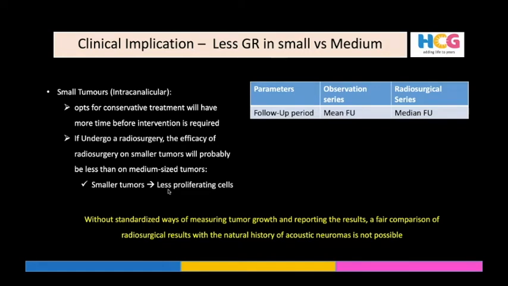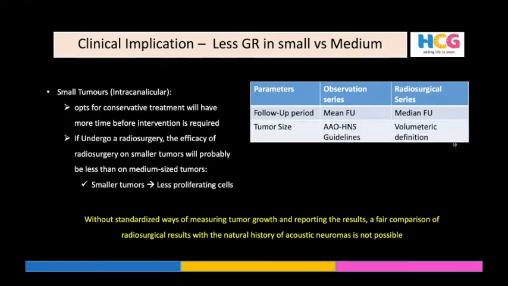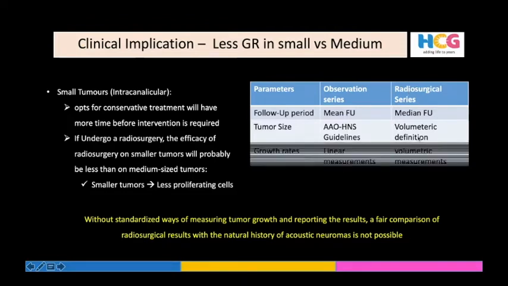If you look into the observation series and the radiosurgical series, the follow-up period used in the majority of the observation series is the mean follow-up, unlike in radiosurgical series, where it is the median follow-up. Therefore, your actual progression rate is inferior when you use median follow-up. The tumor size is essentially unidimensional using the AAO-HNS guidelines for observation series, but in radiosurgical series it is more pragmatic, volumetric.